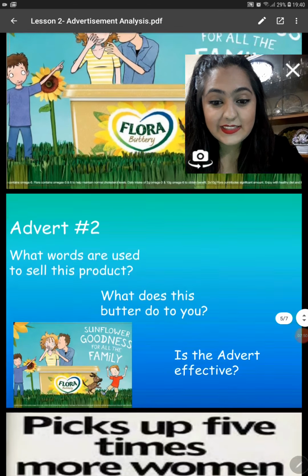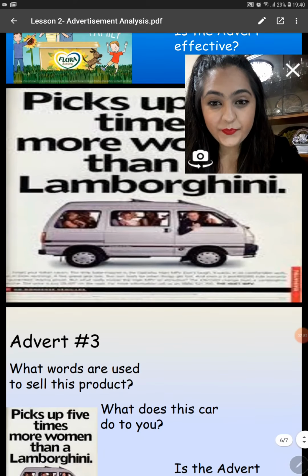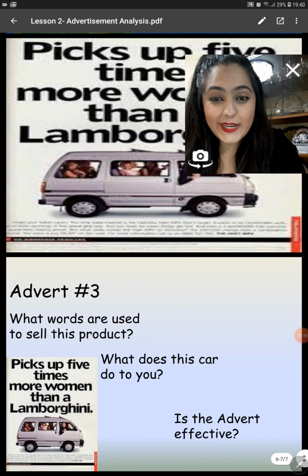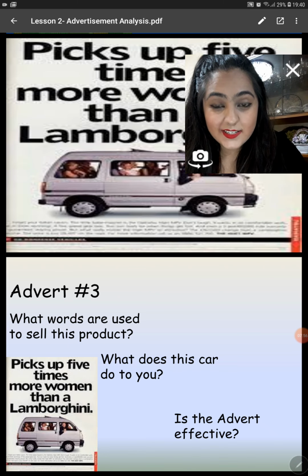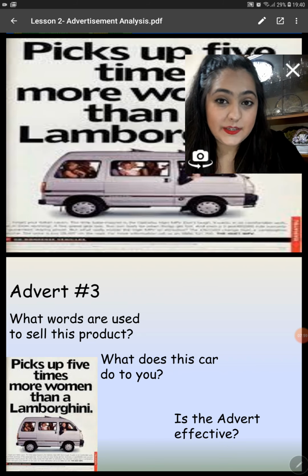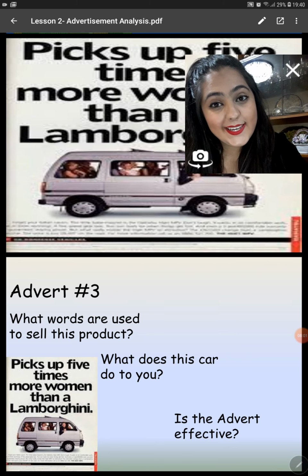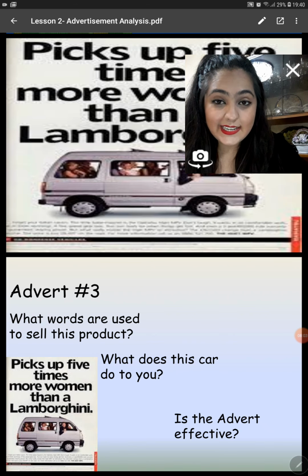And lastly, let's look at the next one. What is the audience target for this advert? Is it men? Is it women? Is it children? Is it an old grandfather or an old grandmother?